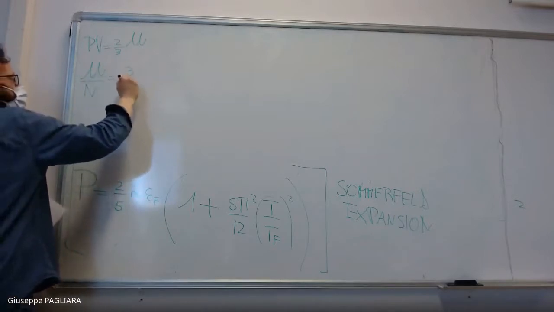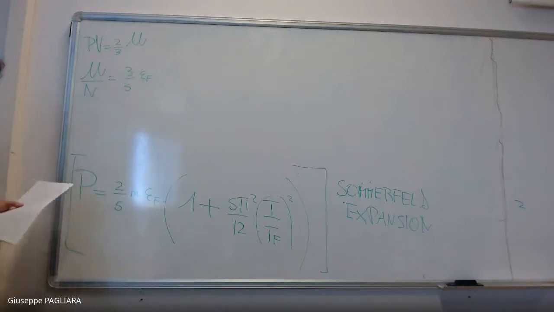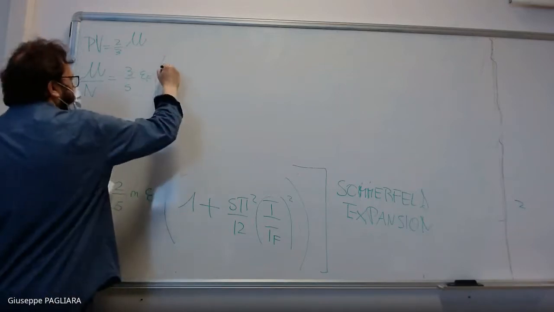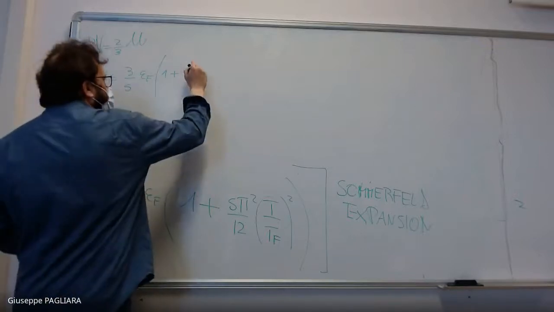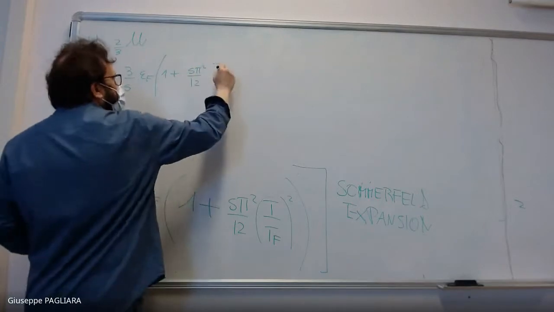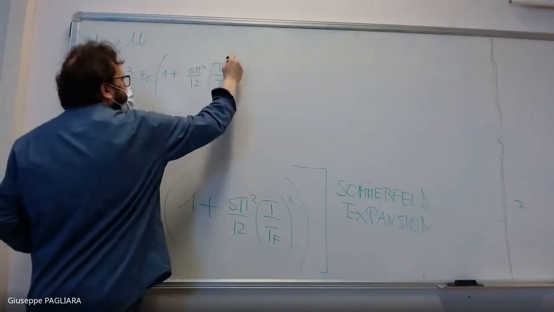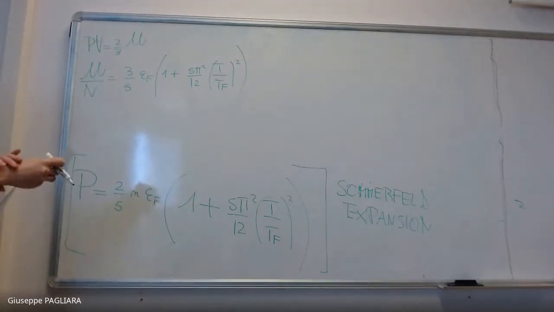So this was 3/2 times the Fermi energy, and here we will have 1 plus, again, the same correction, which is 5 pi squared divided by 12, times T over TF squared. Okay, so this is the first correction to the internal energy per particle.